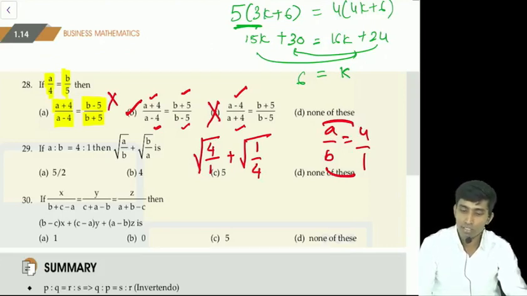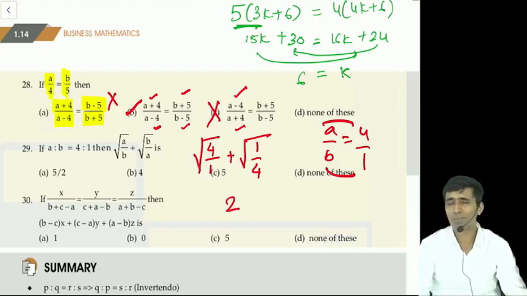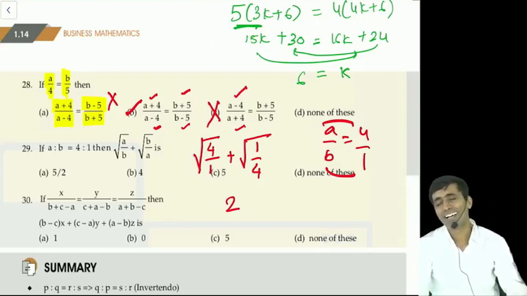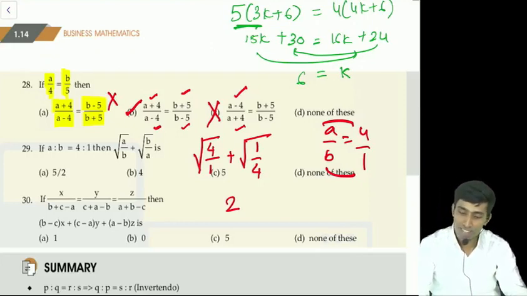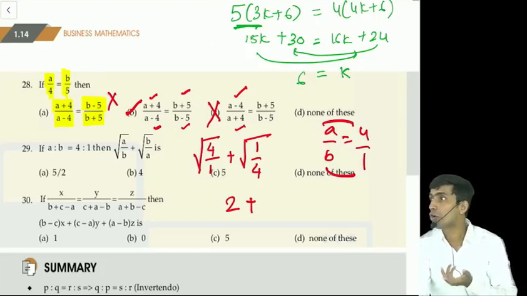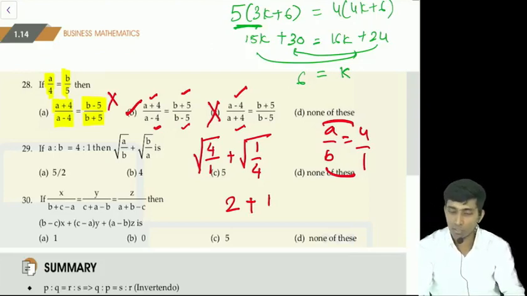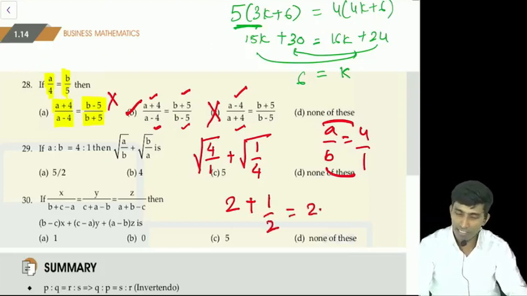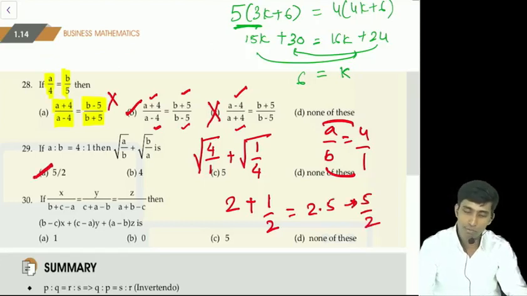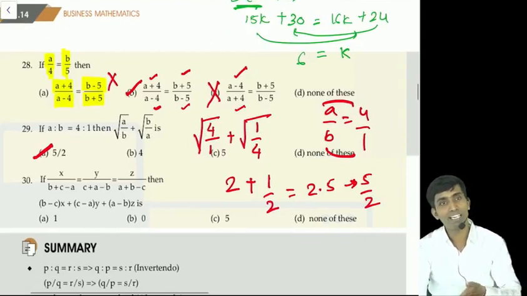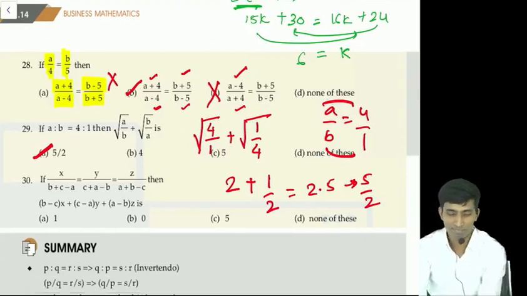Just substitute. 4 by 1 is 4. Square root of 4 is 2. Plus 1 square root is 1, and 4 square root is 2. 1 by 2 means 0.5, so 2.5. 2.5 is nothing but 5 by 2. So the answer is A. Simple, na? Copy.